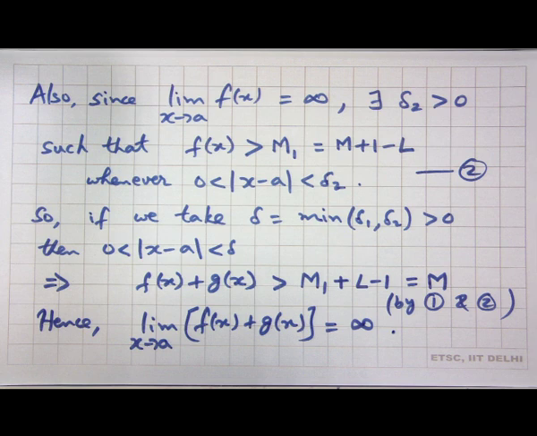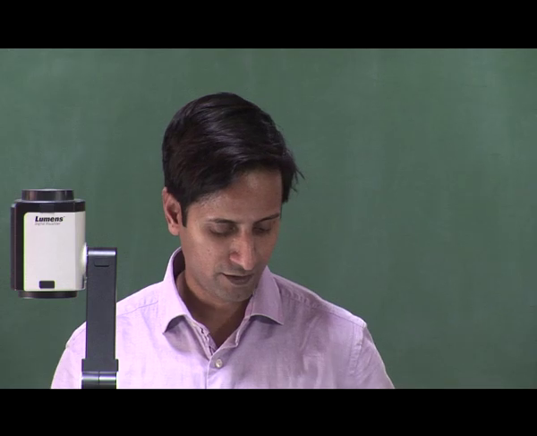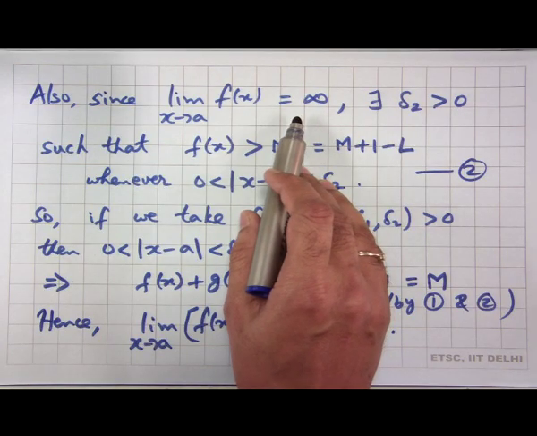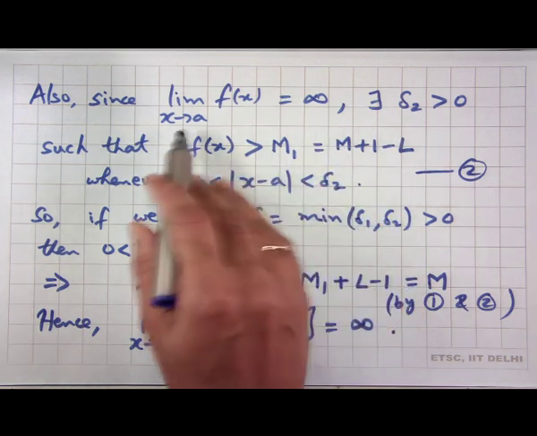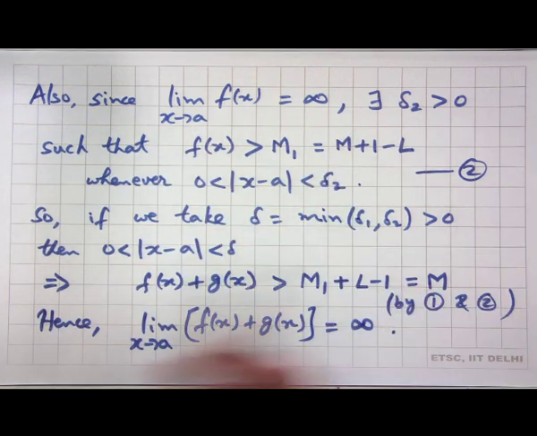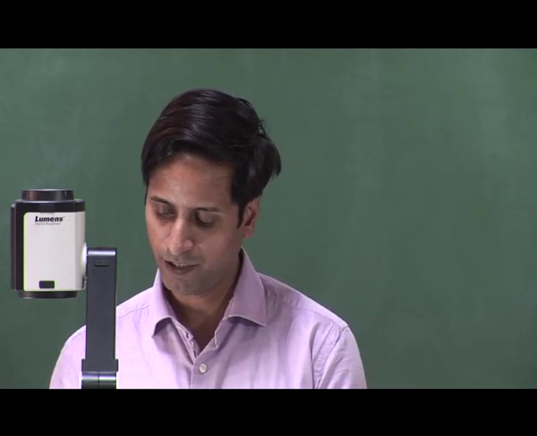This rigorous proof might look a little bit complicated, but you should understand the idea: if the limit of f x is infinity, that means you can make f x as large as you want by choosing x sufficiently near a, and because the limit of g of x is finite, that is, near some finite number, the sum can again be made as large as you want.